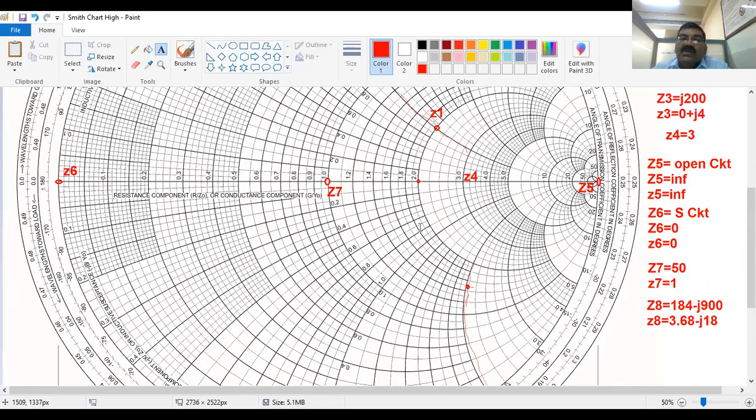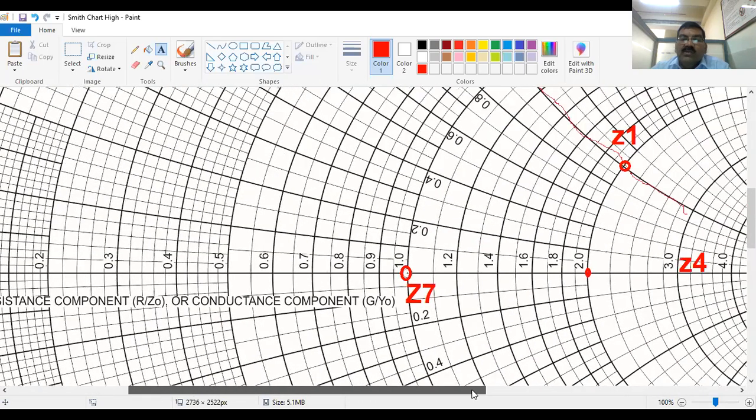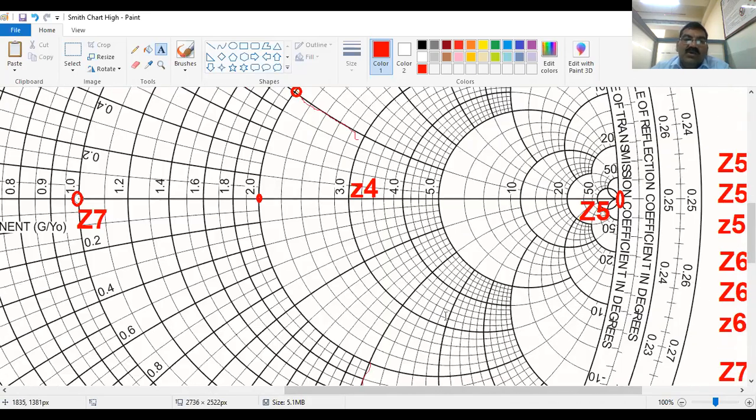Just go here. I'll zoom it out because we need to be more specific. Here we require 3.6. Now this is 3 and this is 4, so in between 3 and 4, something is required.